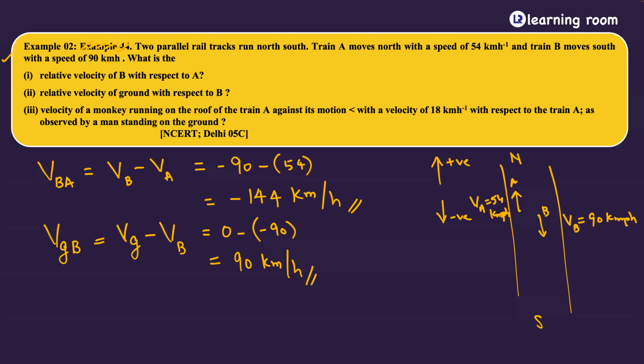It is moving with a velocity of 18 km per hour, but that is not absolute value, it is a relative value. Read the question carefully. So velocity of monkey with respect to train A is 18. But what do they want? They want the absolute velocity of the monkey.